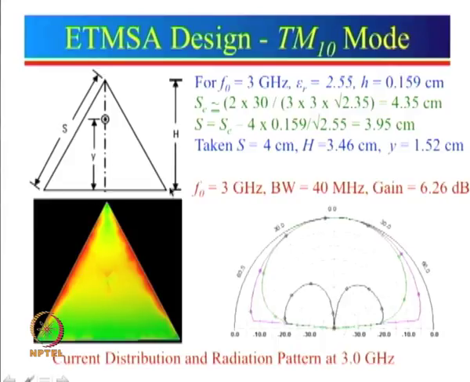So just like circular microstrip antenna and semicircular microstrip antenna are somewhat similar, gain is different. Similarly, ETMSA and half of ETMSA or 30, 60, 90, as far as the resonance frequency is concerned, it is almost similar, but the gain and bandwidth would be less.